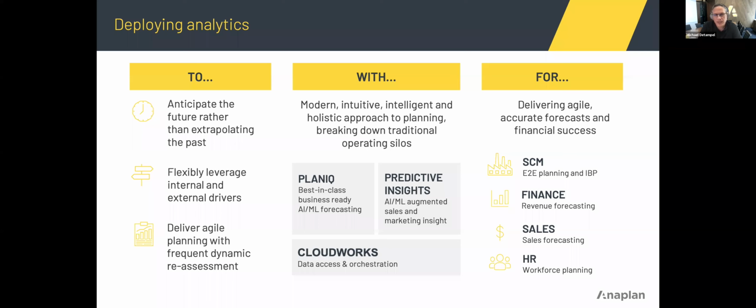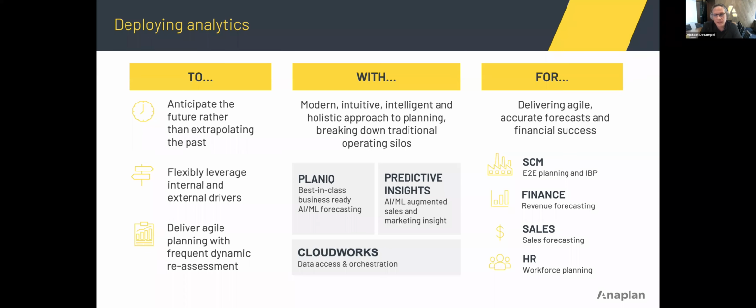Some of the ways we're doing that, PlanIQ is our framework for accessing really best-in-class AI and machine learning-based forecasts, but exposed to the user in such a way that you can embed them where needed in your planning process and do it in a way that's very easy to both set up and very easy to consume the output, but without requiring you to be an expert data scientist to go in and tune the algorithms and figure out how to make it all work.